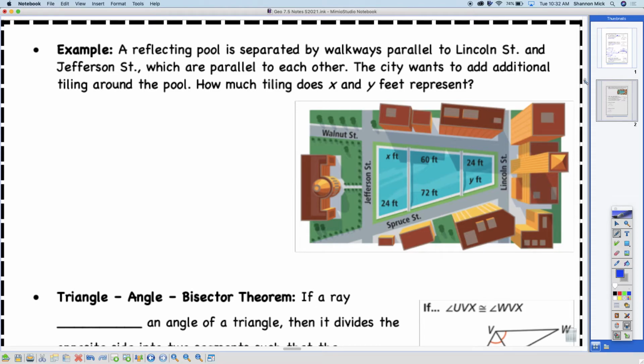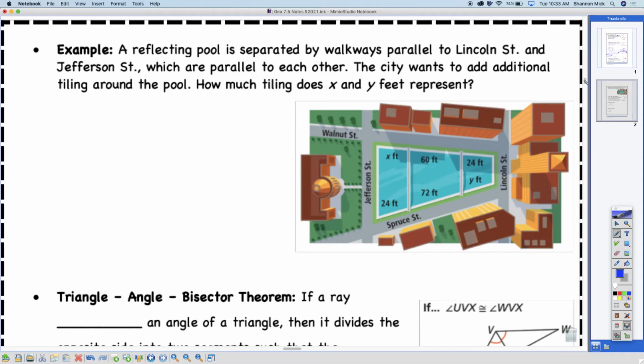Okay, the reflecting pool is separated by walkways parallel to Lincoln Street and Jefferson Street, which are parallel to each other. The city wants to add additional tiling around the pool. How much tiling do X and Y feet represent?